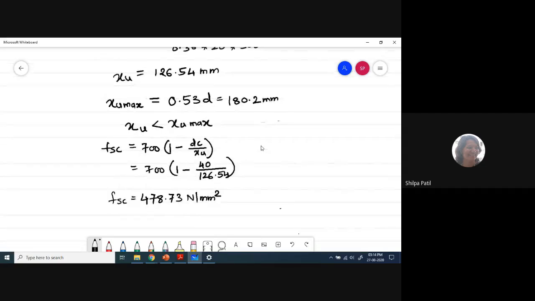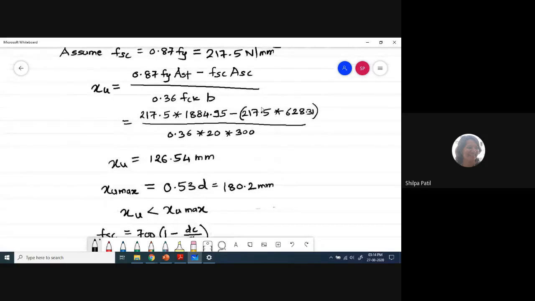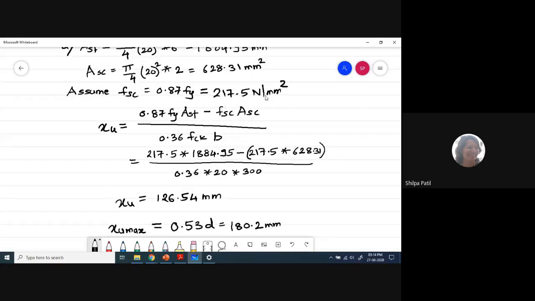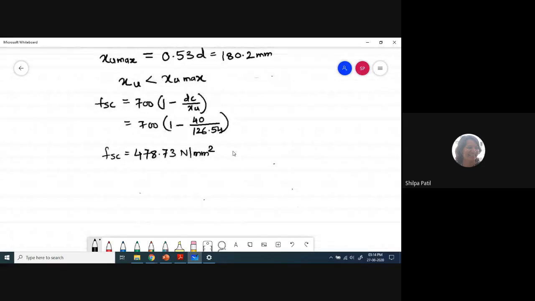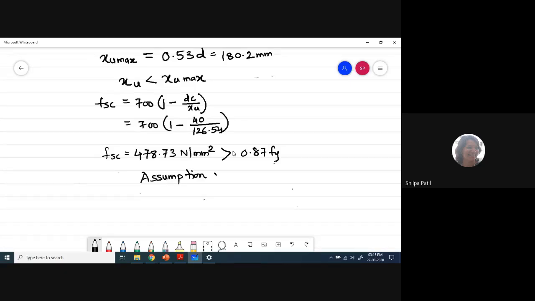Our initial assumed value is 0.87 FY, and its value is 217.5. So this value is coming greater than our assumption, that is 0.87 FY. It means the assumption is correct.